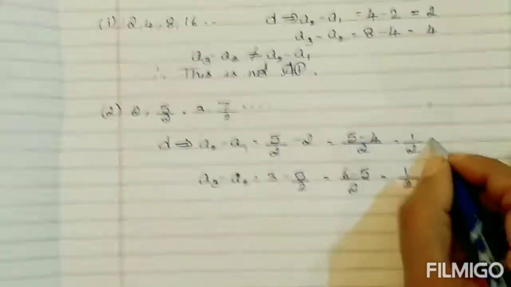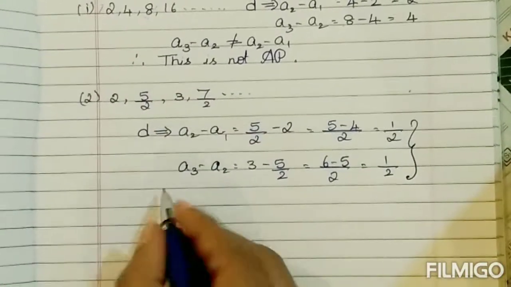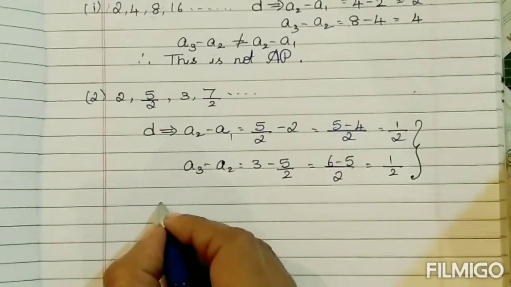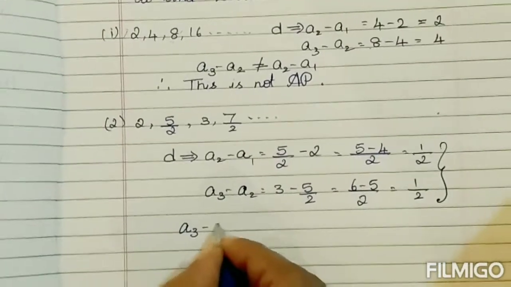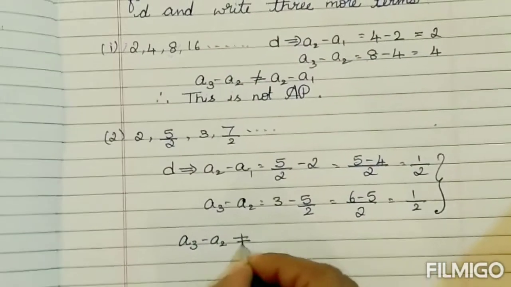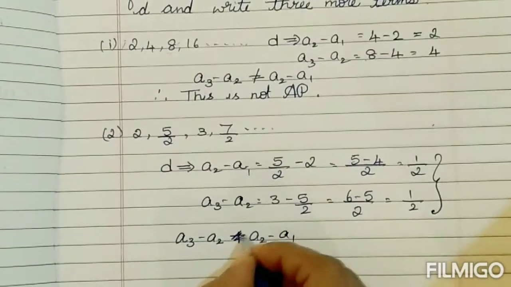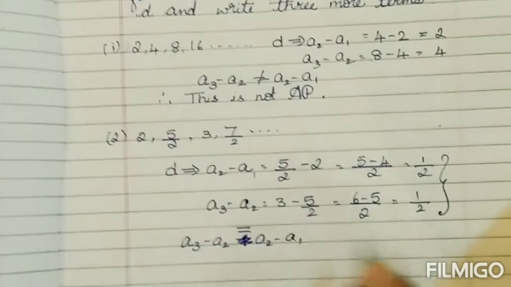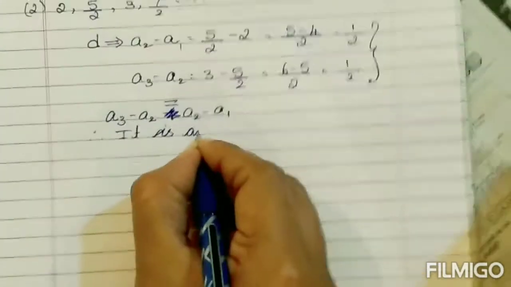See here, common difference is same. So you have to write here A3 minus A2 is equal to A2 minus A1. Therefore, it is an AP.